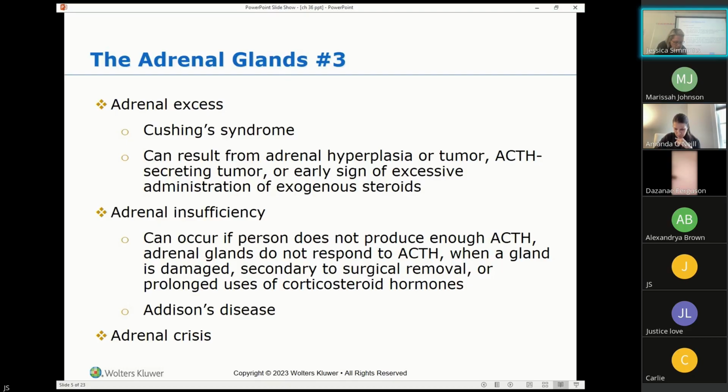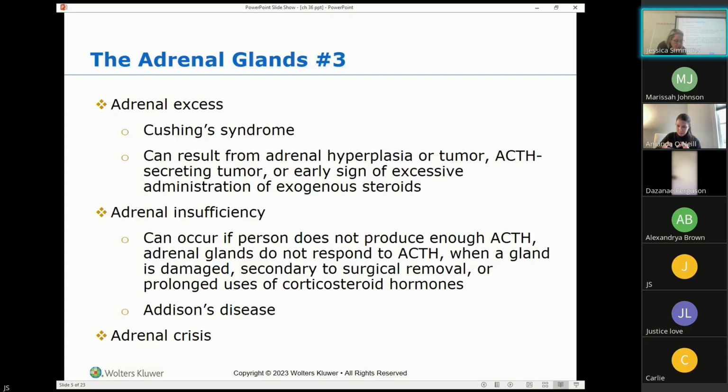Hyperglycemia, hypokalemia, hypernatremia, osteoporosis, renal calculi, amenorrhea, moon face, buffalo hump, obesity, immune and inflammatory suppression, risk of gastric ulcers and bleeding. These are all signs of Cushing's disease. I need you to know these.